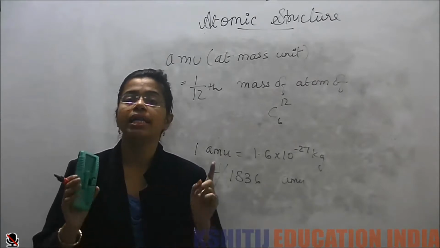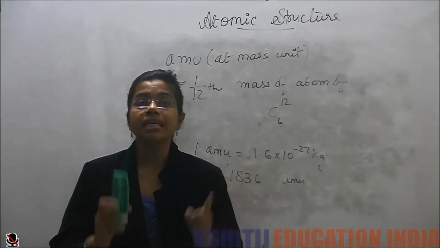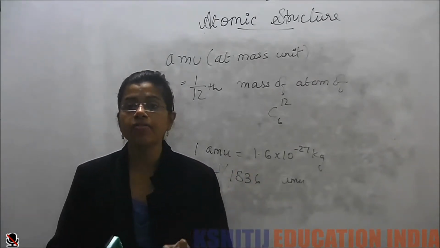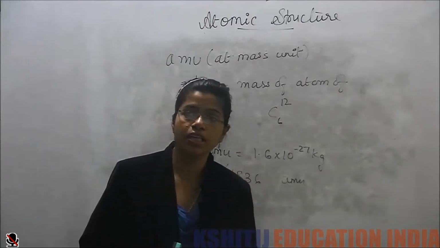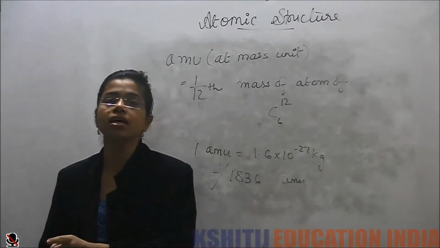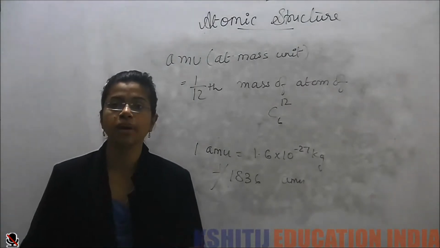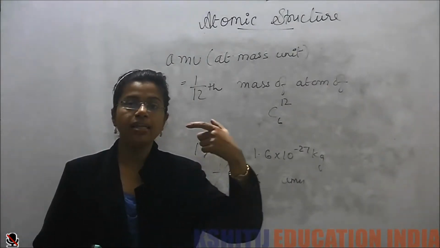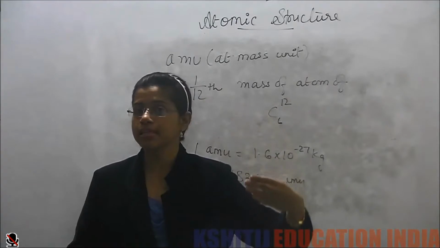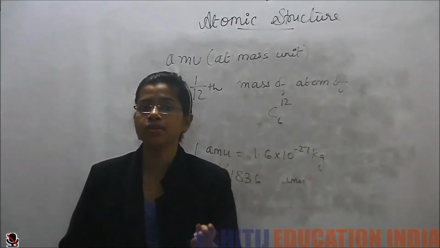Right? Now, remember, an atom is electrically neutral if it contains negatively charged electrons equal to the number of positively charged particles. Right? And when the electrons were discovered, at that time protons were not discovered.